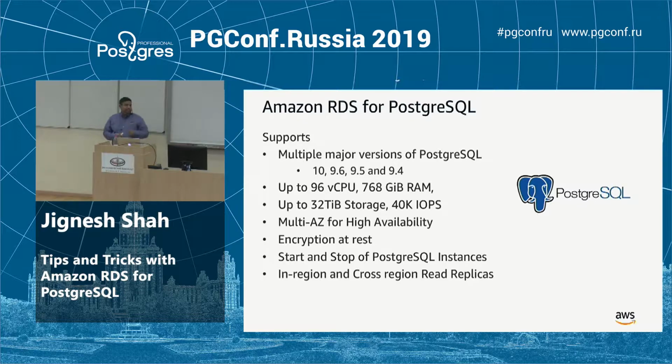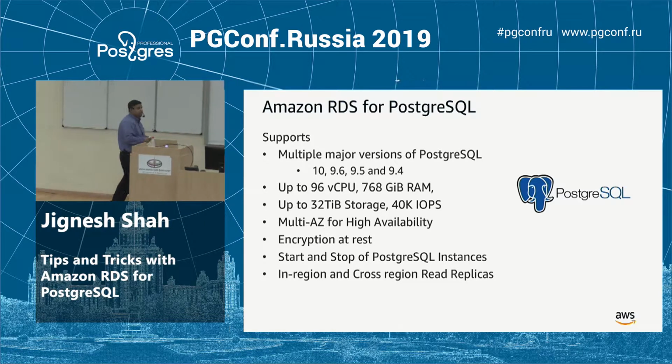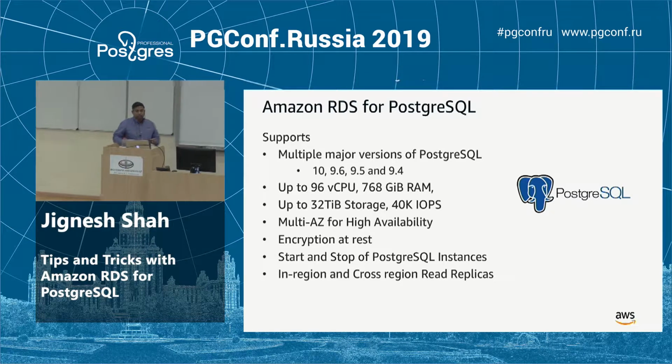So one of the things, as I just mentioned, we do support basically 5 major versions of Postgres. We support all the way, actually we were supporting till recently 9.3, and we support all the versions till 10.